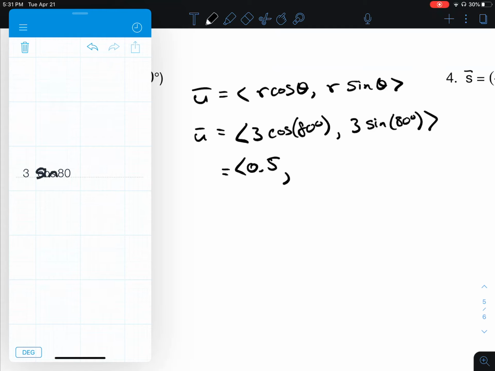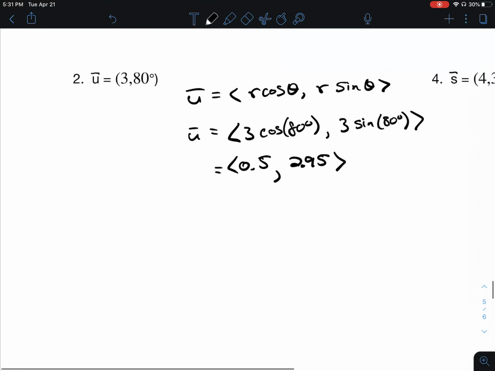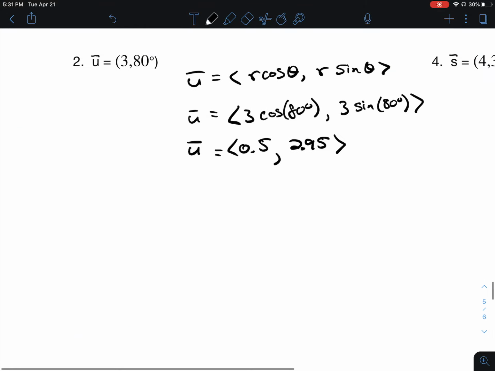And then 3 times sine of 80, that would be 2.95, which is super close to 3. Too close to write 3.0. So picture-wise, what would this be? If you needed a picture for this, this is in quadrant 1.